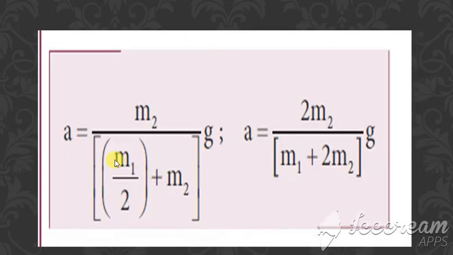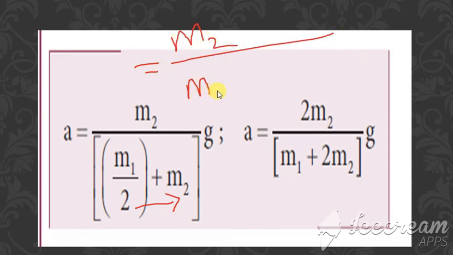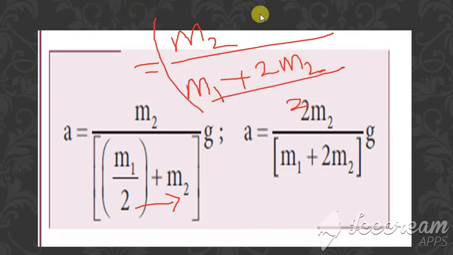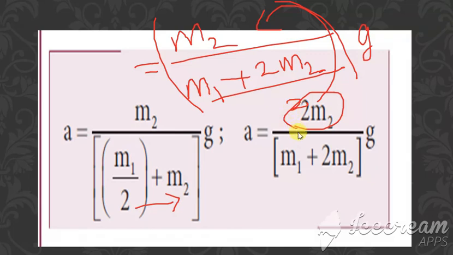So we get m2 divided by m1 by 2 plus m2. Now take the LCM. We get m2 divided by m1 plus 2 m2 divided by 2, into g. In the same way, bring 2 upward, so 2m2 divided by m1 plus 2m2 into g.